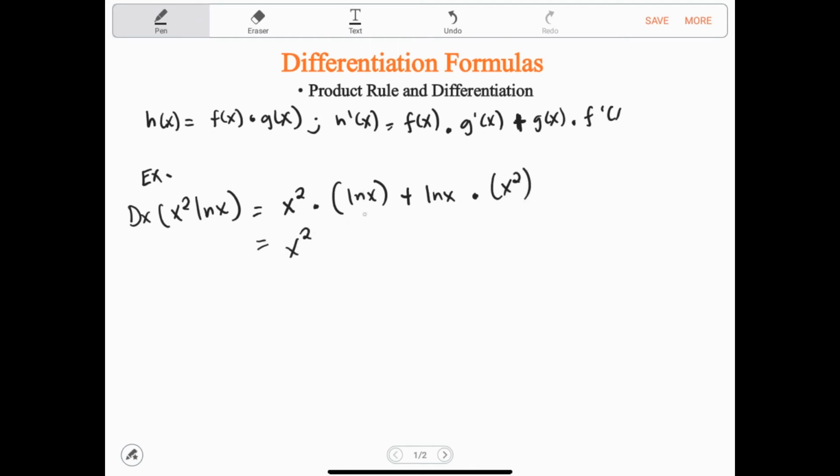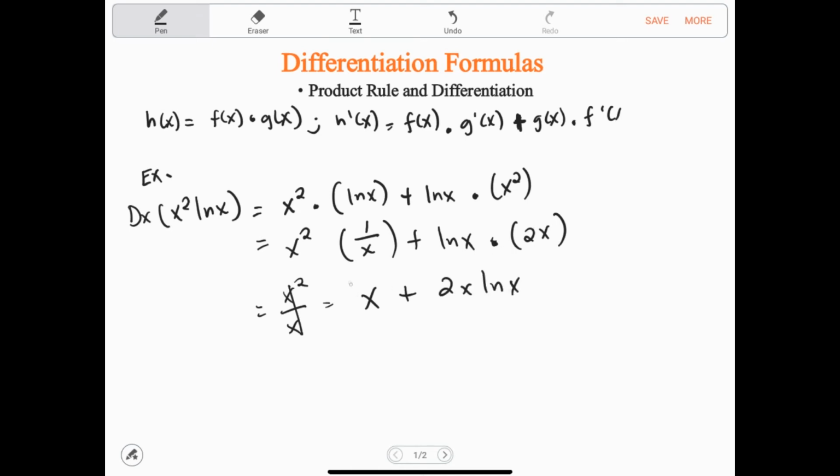So x squared times the derivative of ln x, which is 1 over x, plus copy ln x times the derivative of x squared, which is equal to 2x. Then we can cancel x, so it's gonna be x plus ln x times 2x, which is equal to x plus 2x ln x. That's it.